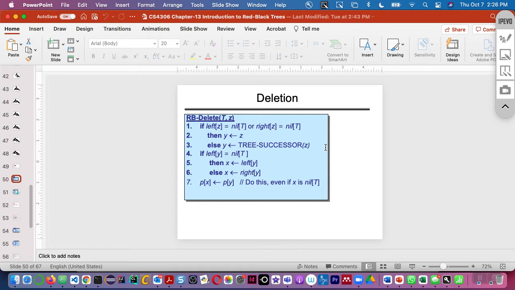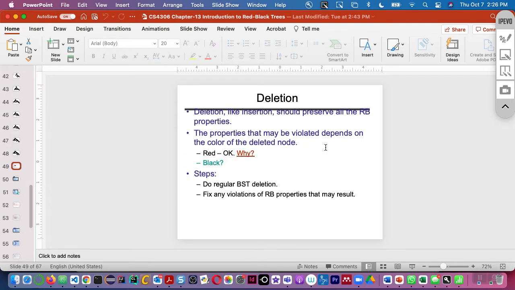So let us cover the deletion operation. Like insertion, whenever you delete a node, it must preserve all rules of a red black tree. Before deletion it must hold, and we need to make sure that after deletion it maintains all properties of a BST.